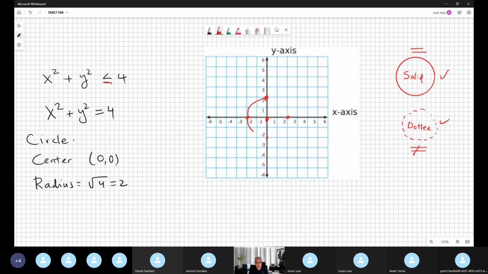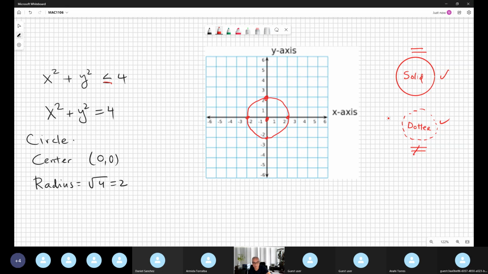The interpretation is that the solution includes the circumference. My question now is, this splits the plane in two regions. One region is inside the circle and another region is outside the circle. What do you think is the solution?